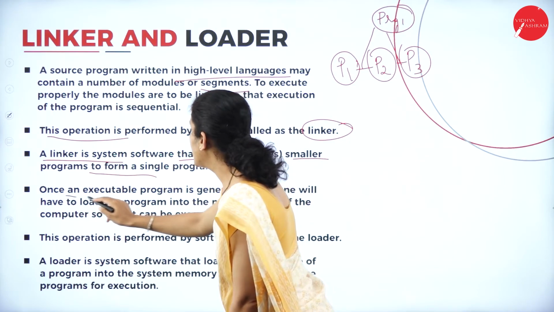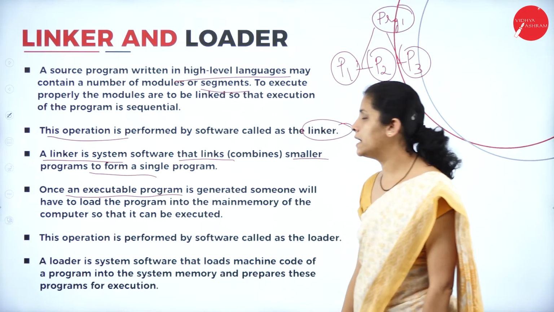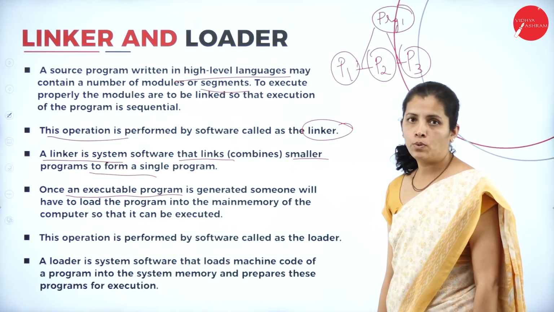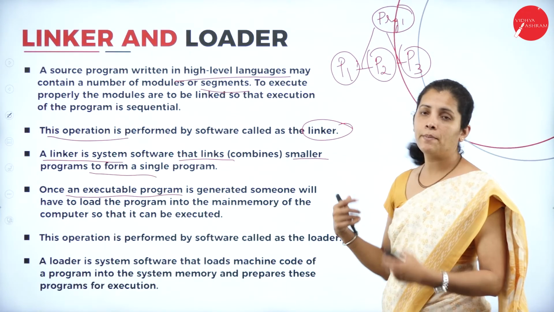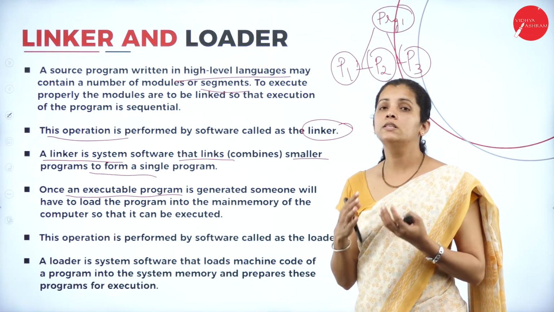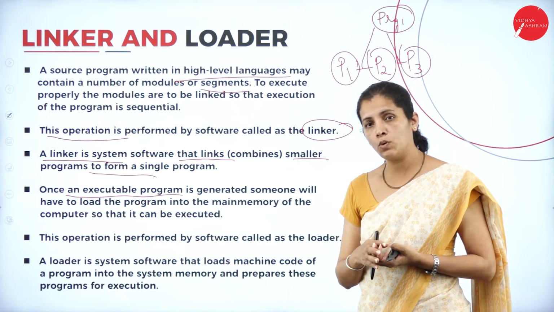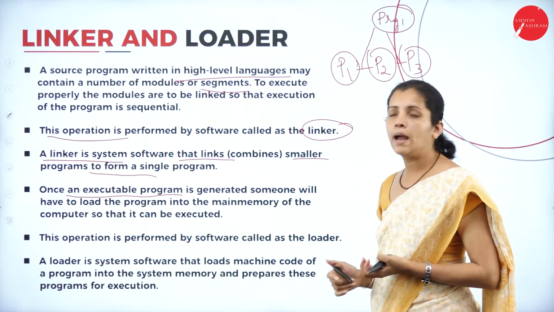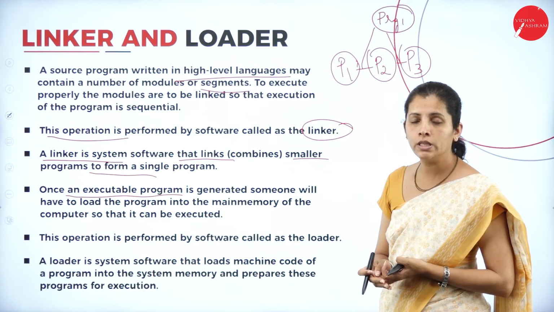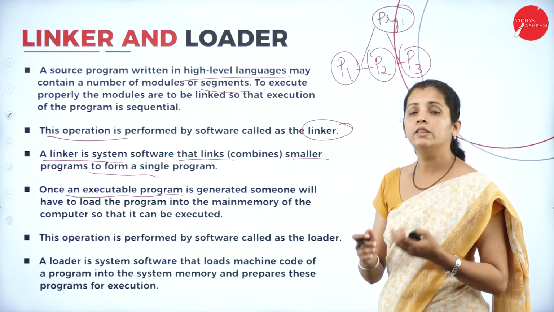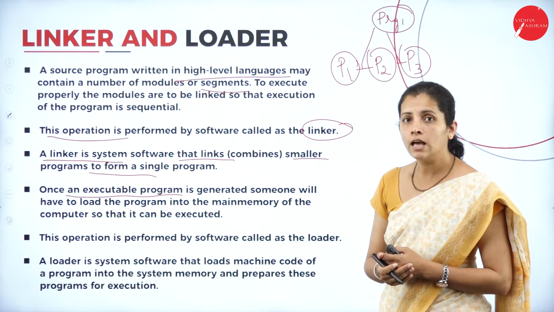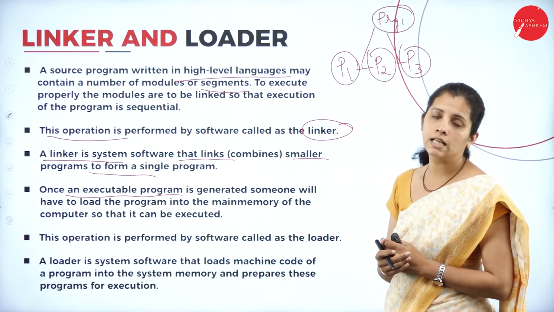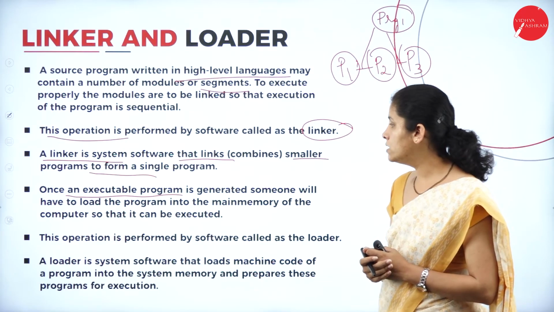Once an executable program is generated, someone has to load that program. So once the program is ready, who is responsible for loading it? That is the loader. The program must be loaded into the main memory for execution.